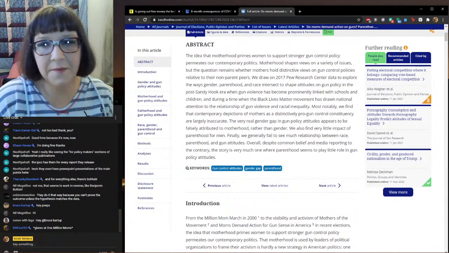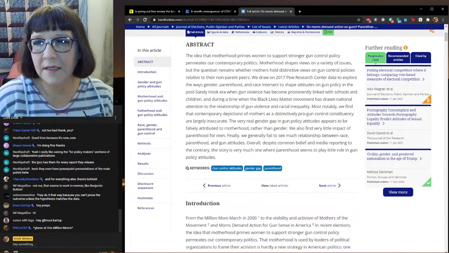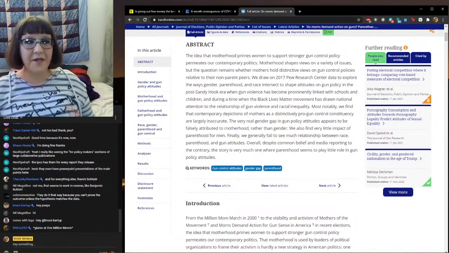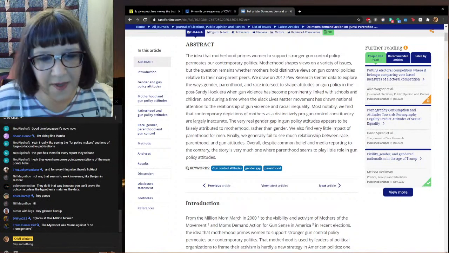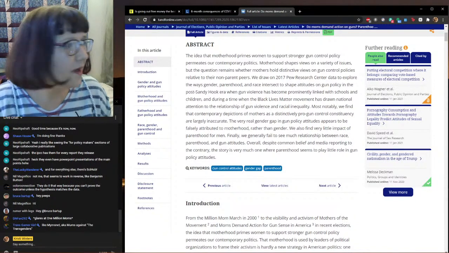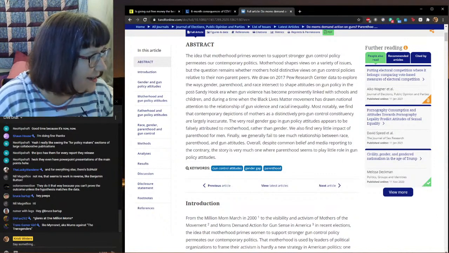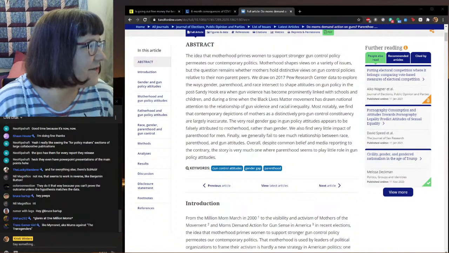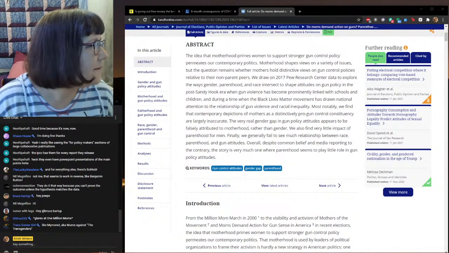Overall, despite common belief and media reporting to the contrary, the story is very much one where parenthood seems to play little role in gun policy attitudes." This won't surprise me at all because, again, the framing of an issue doesn't necessarily represent the reality of it. So again, I'm very excited about this article. Ask me to review this? No, that's fine. I can read it for free here happily.